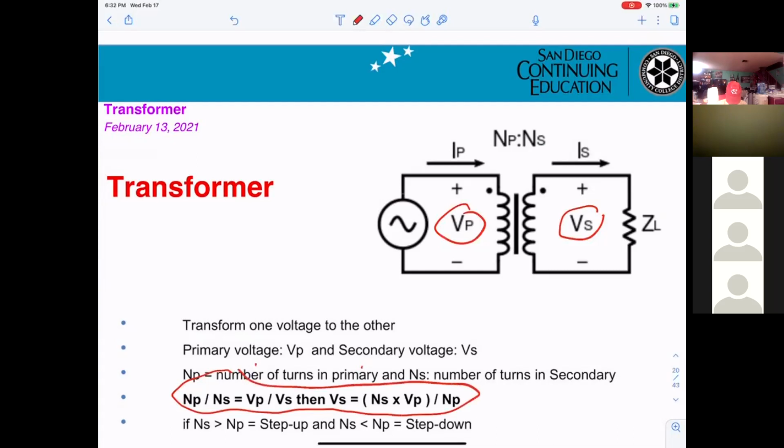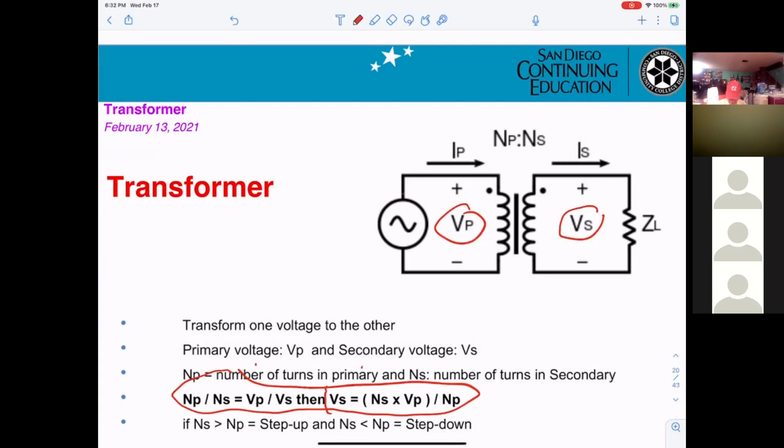If you want to calculate the V secondary, that will be equal to NS times VP divided by NP. Basically, the only thing is when you need to do calculation, then you can look into the formula. Okay?